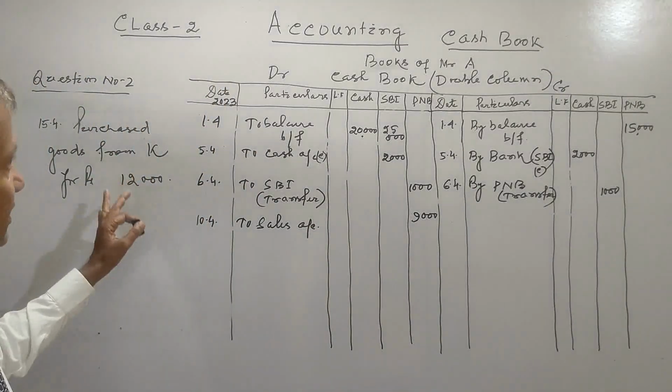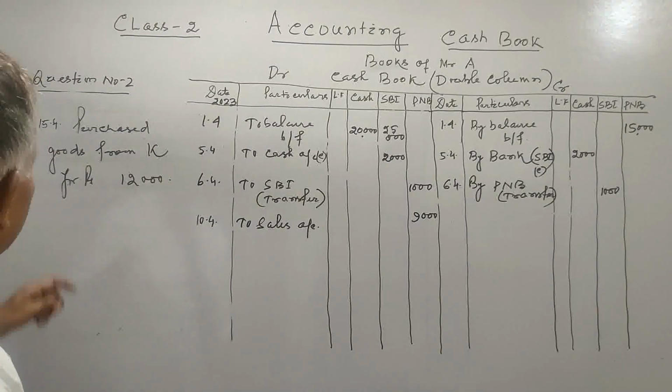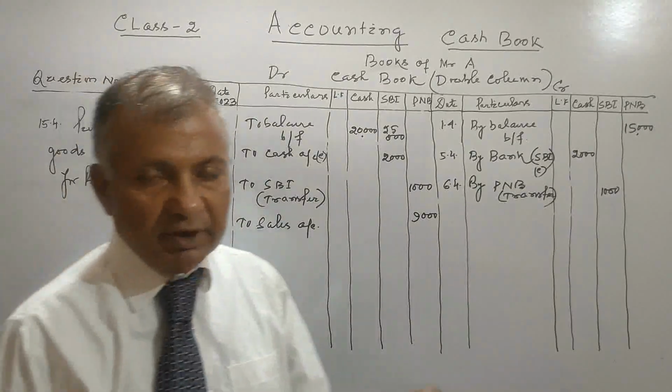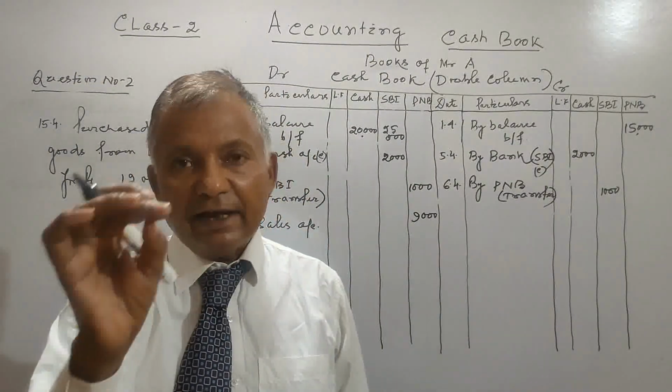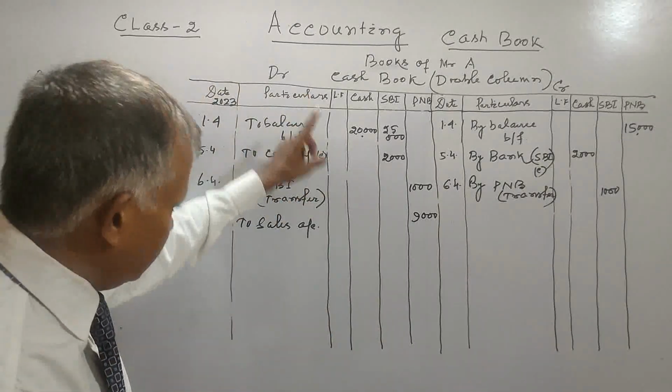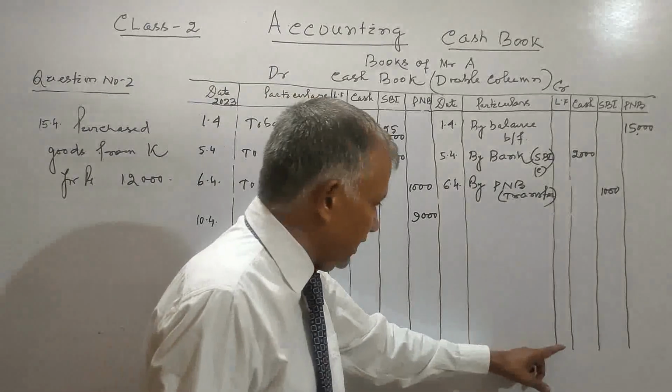So if there is a credit purchase, the purchase account debited to K account, friends, it will not come in the cash book. You can give a note at the end of the problem after the cash account is balanced.